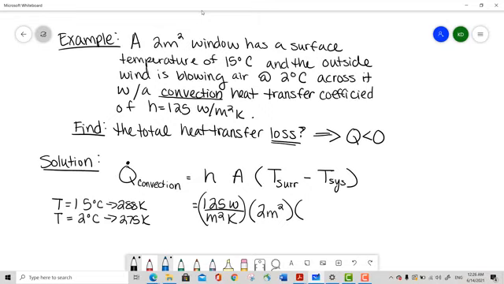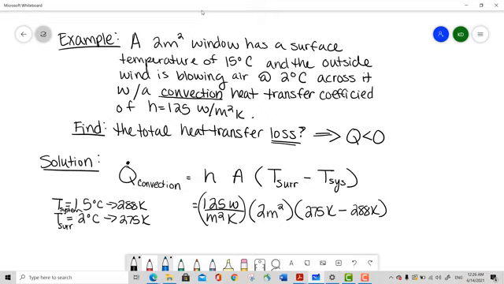Let's go back and note this just in case. And then this is the system. Right, because the wind is blowing at 2 degrees Celsius, so we know that that's going to be our surroundings. So let's put that in, 275 Kelvin minus, and then our T system is 288 Kelvin. Right, and so now we have homogeneous units because we put that Celsius into Kelvin here to match this formula.